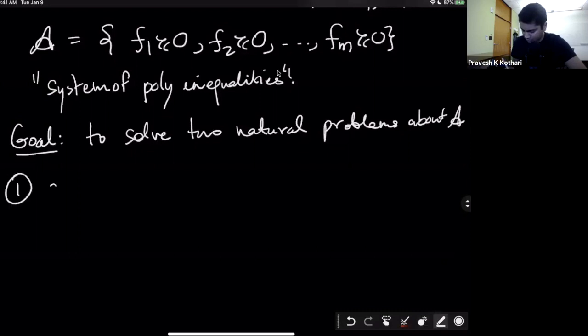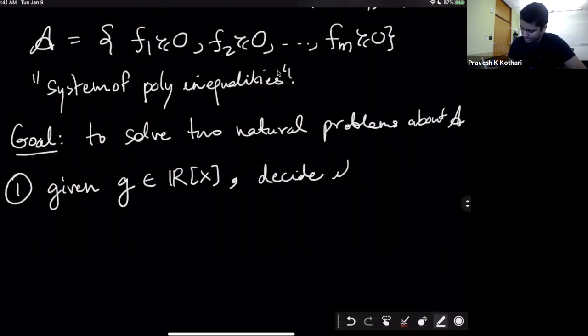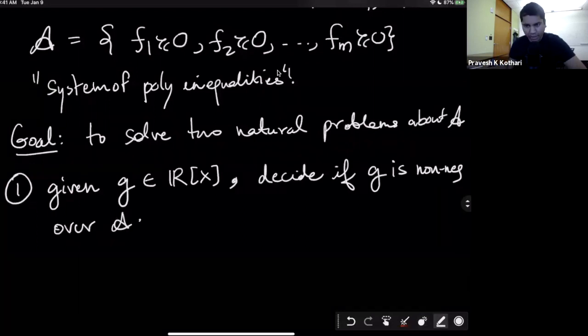Well, one, you would probably recognize as a generalization of the problem you've already looked at a whole lot. So given some new polynomial g, we want to decide if g is non-negative over A. Okay, what does that mean?